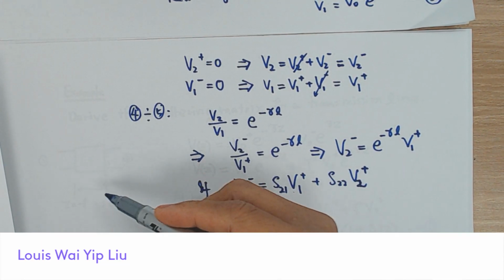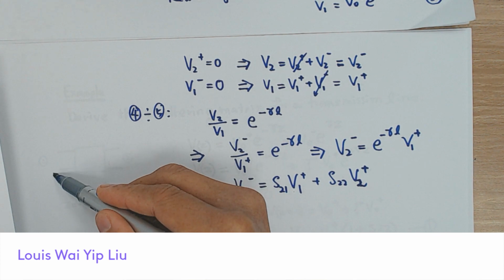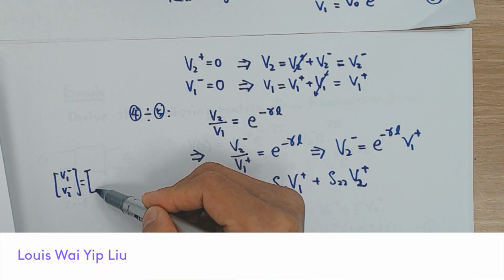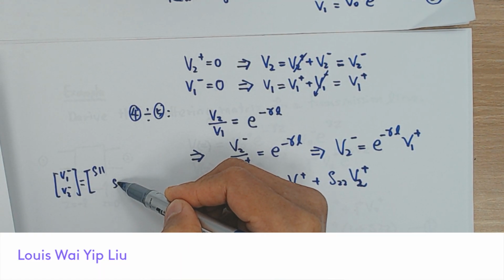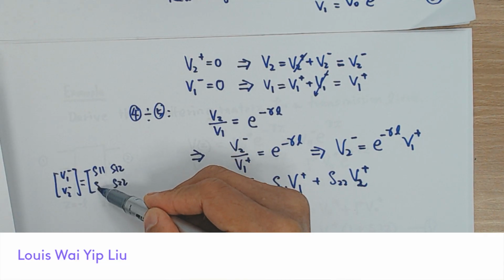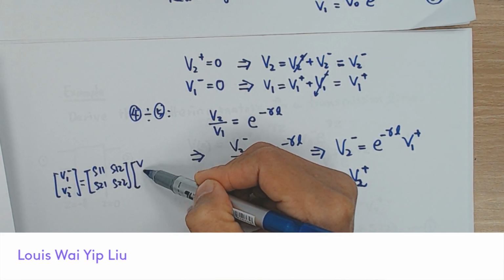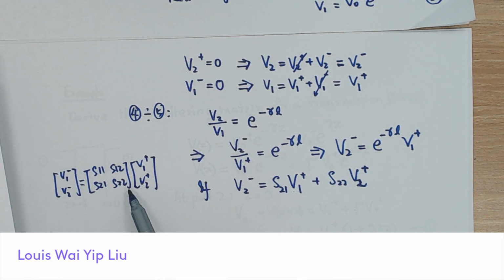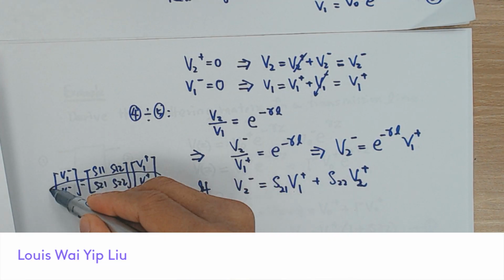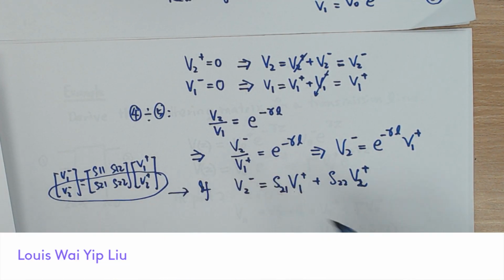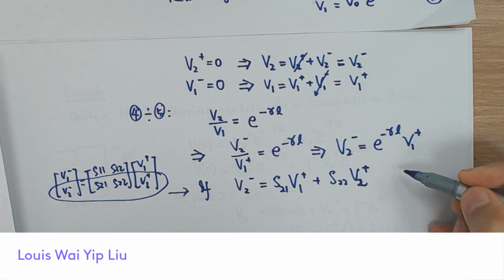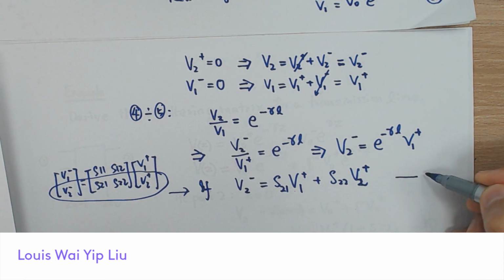The S matrix. You know that, right? V1 minus, V2 minus, S11, S12, S21, S22. This equation came from here. And if we compare this equation, say this is 6 and this is 7.